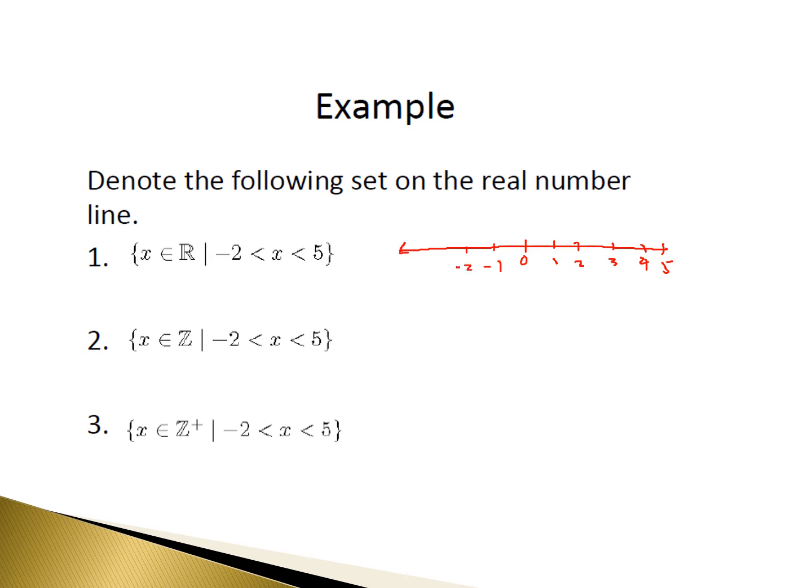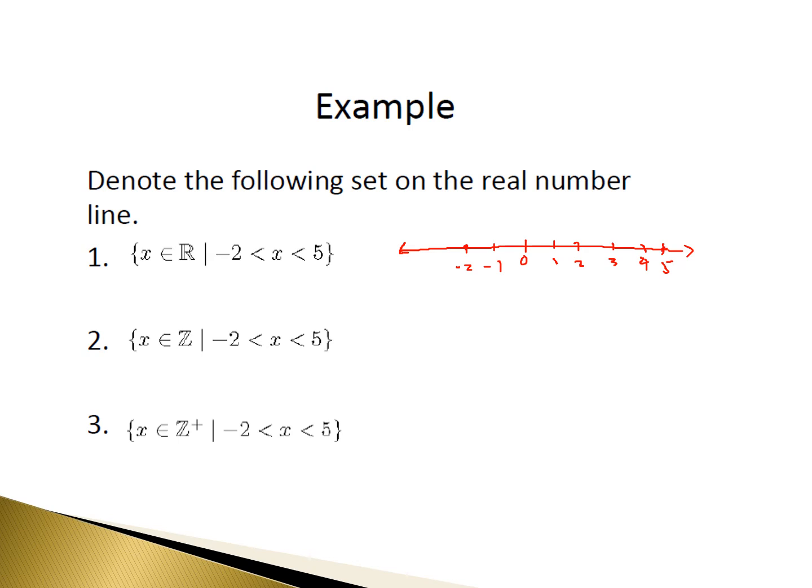This means our number is between -2 and 5. Strictly speaking, this is an open interval. Why? Because -2 is less than x, which is less than 5. So it is an open interval.